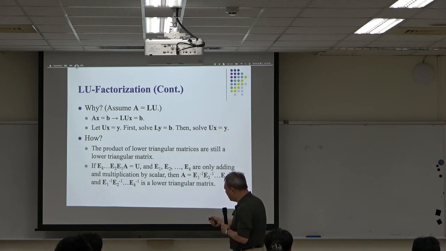So if Ek through E2 E1 times A equals an upper triangle, and all these elementary matrices are only adding and multiplication by a scalar, okay, so you can see these two operations.